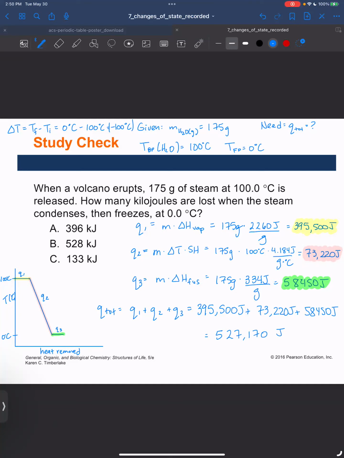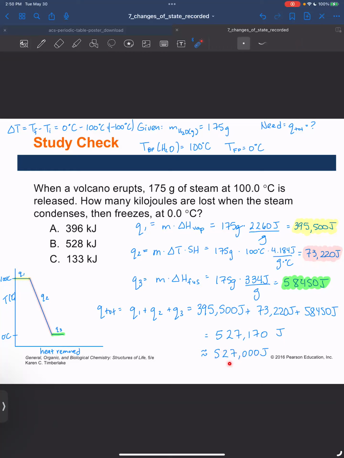Yep, that looks good. So then remember with these types of problems, because there's a mixture of multiplication and addition, and those have different rules for significant figures, let's just round to 3 sig figs. So this would be 527,000. And we would need to include those trailing zeros to indicate the order of magnitude.